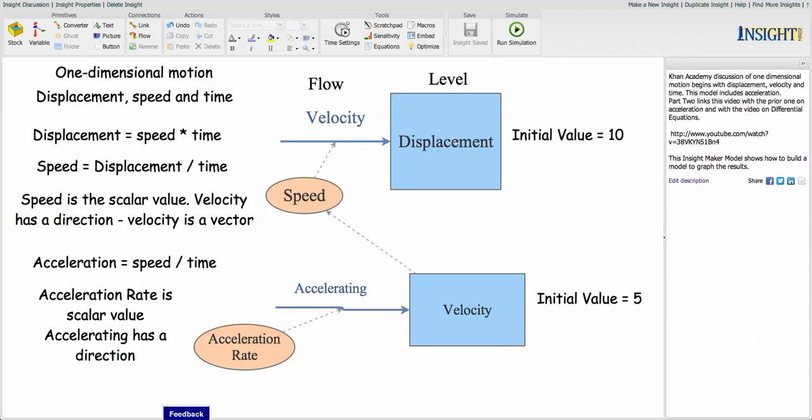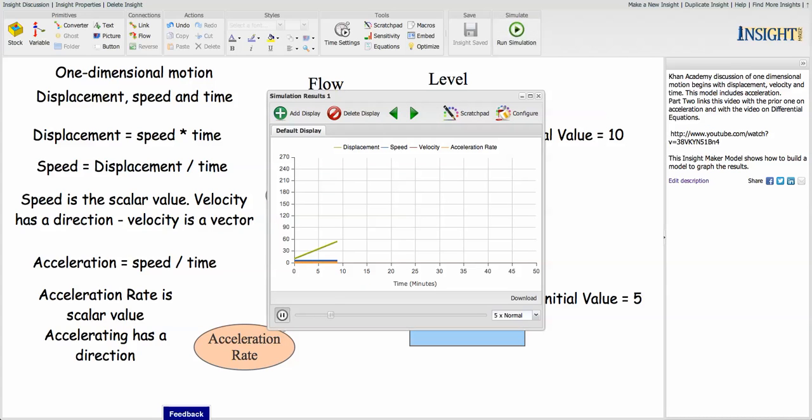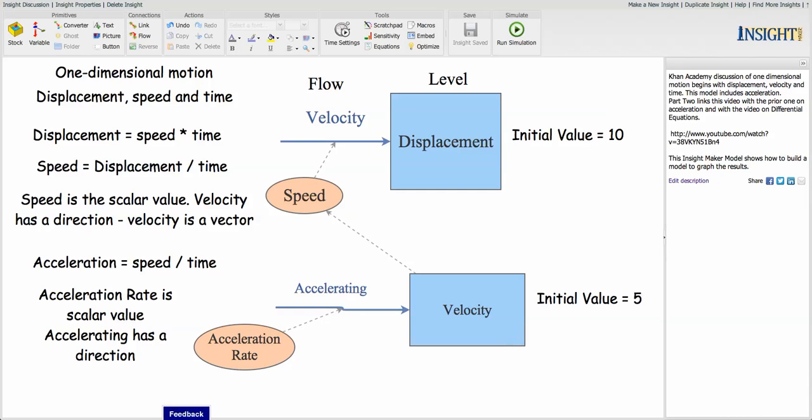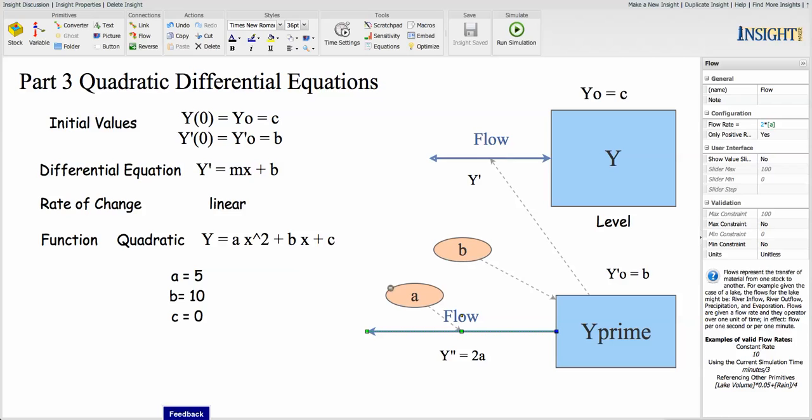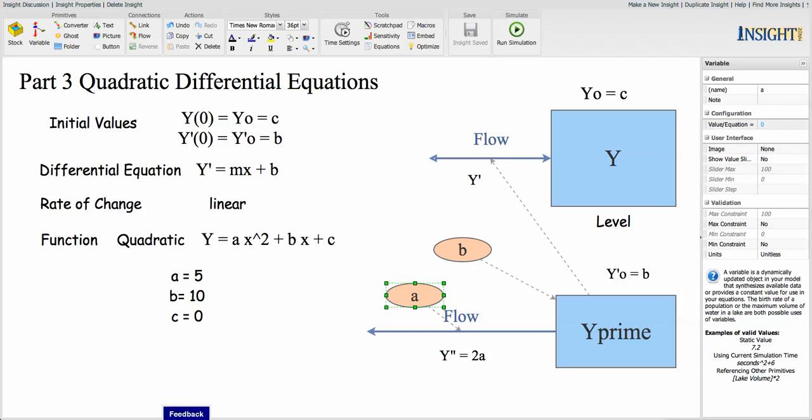So we'll change this acceleration to 0, and we have an initial value of 5 and an initial value of 10. So let's see what this one gets us. And we get a linear growth because our acceleration rate is 0.